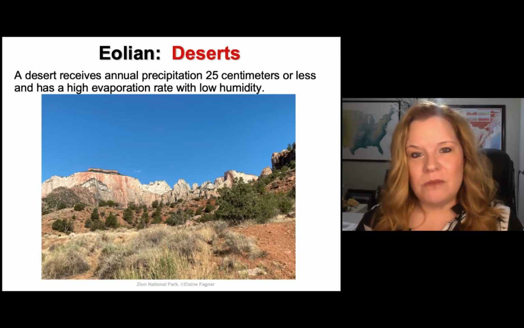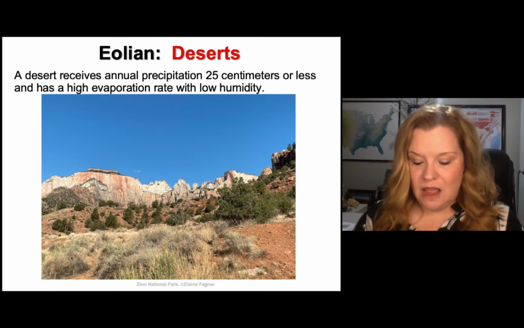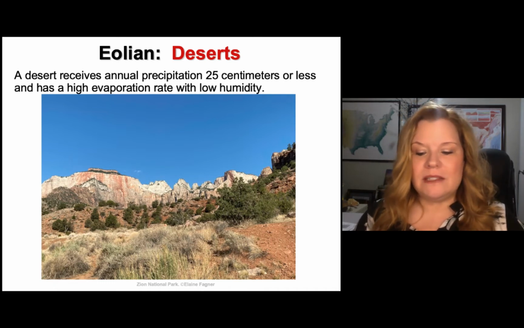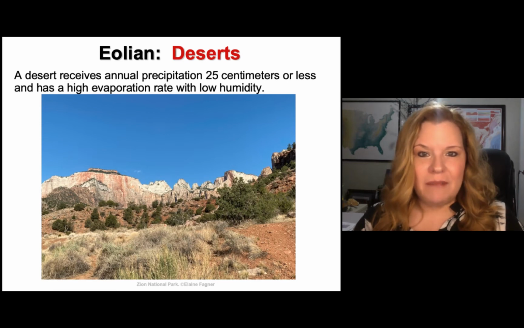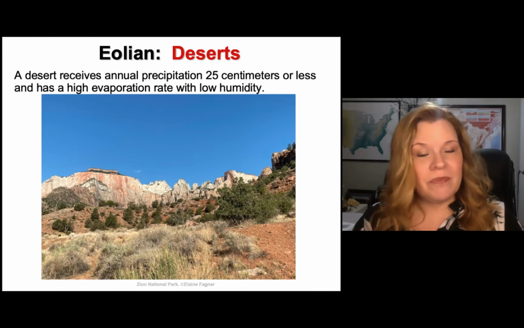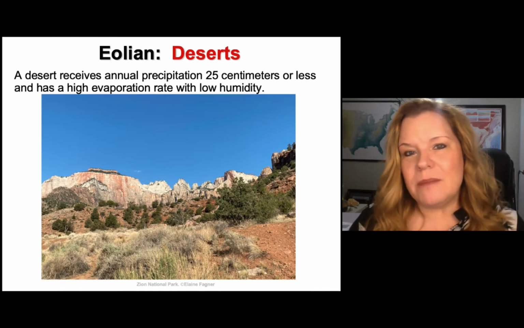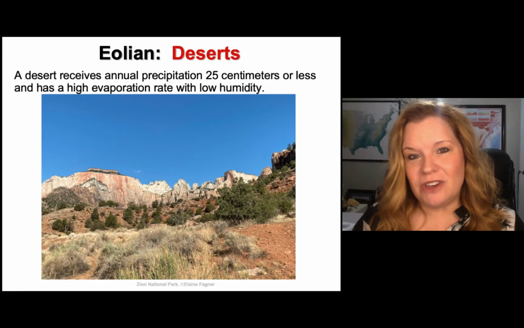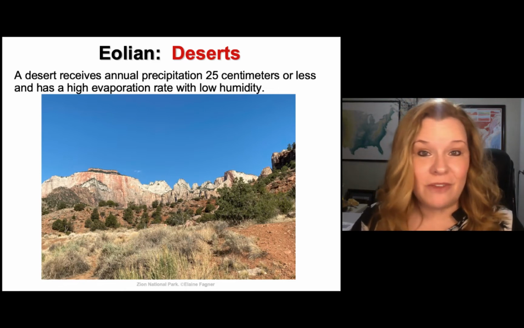And that low humidity is important to how the desert functions. The ecosystems, the plants, and so forth, are all adapted to this low humidity and low precipitation situation. Another thing I'd like you to think about is the precipitation may or may not be in the form of rain.